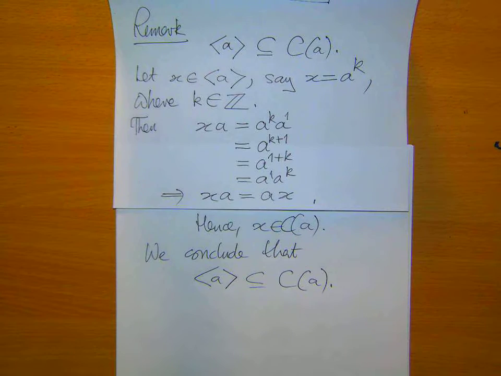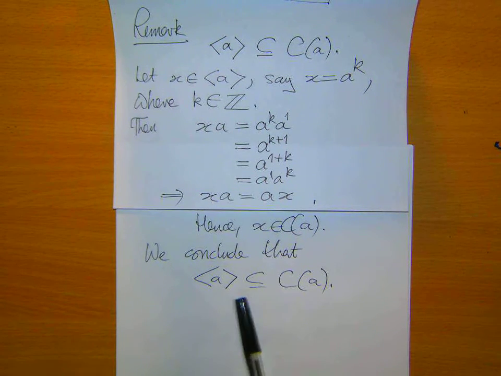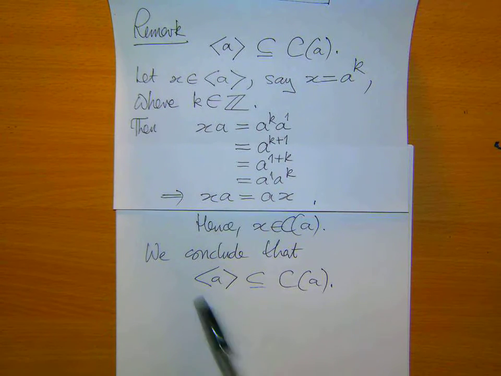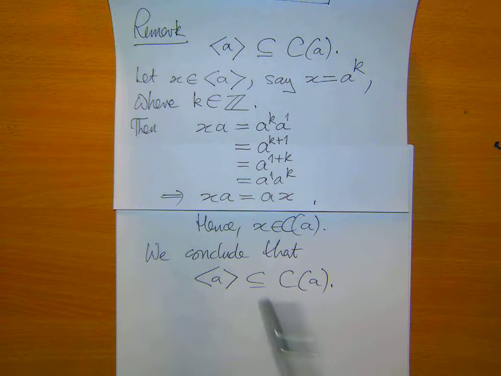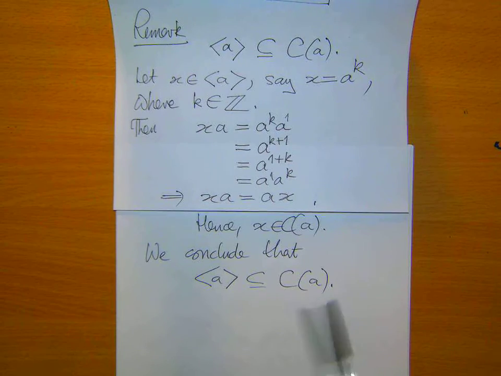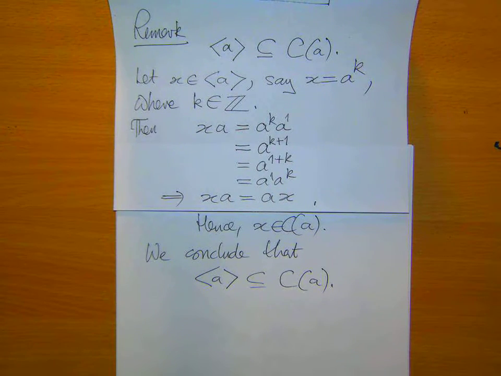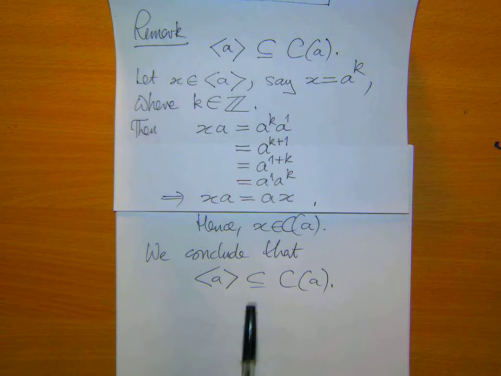I mean, that follows from a general remark that if you've got a subgroup of a group and another subgroup sits inside the subgroup, then the smaller thing will actually be a subgroup of the bigger subgroup. I haven't said that very well, but this is not just a subset, it's actually a subgroup.